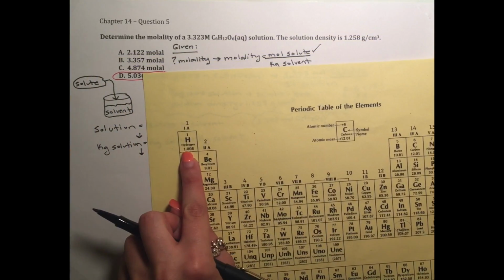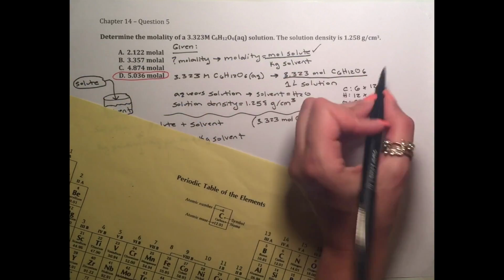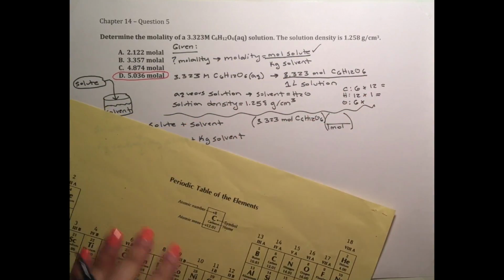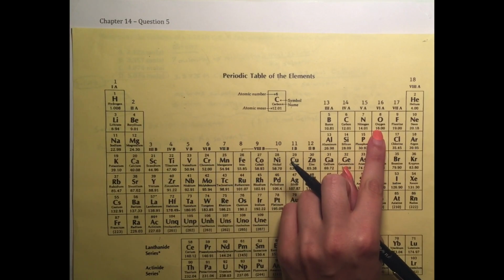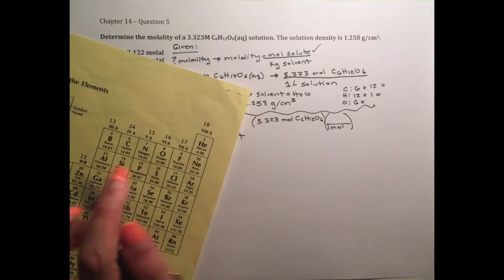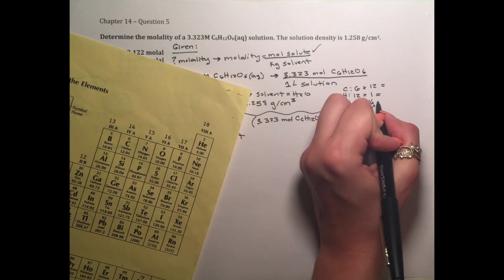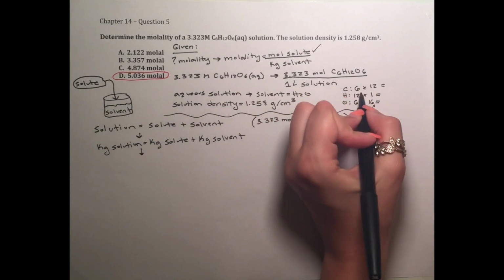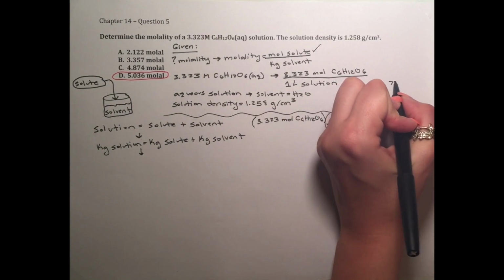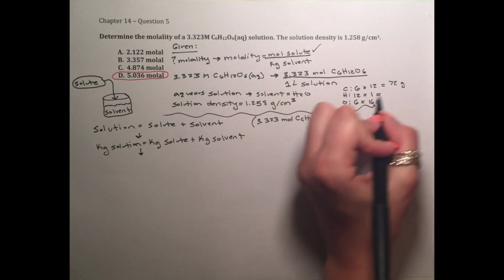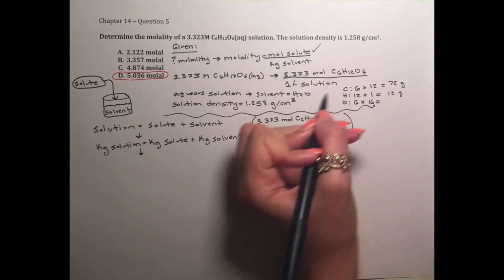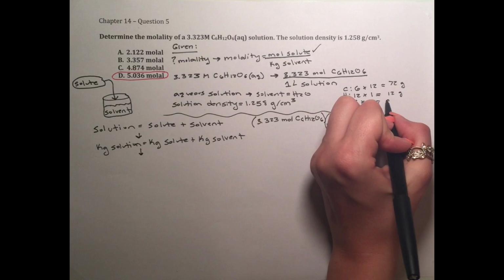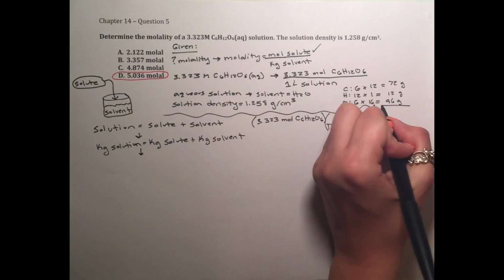For H, we have a molar mass of 1. And for O, we have a molar mass of 16. So 6 times 12 is 72. 12 times 1 is 12. And 6 times 16 is 96.